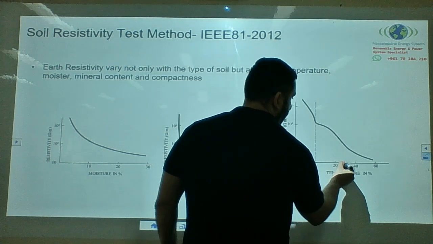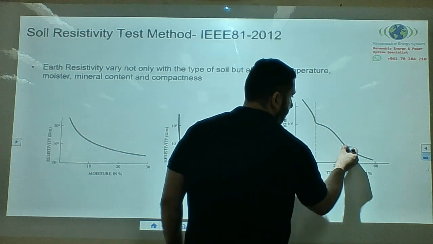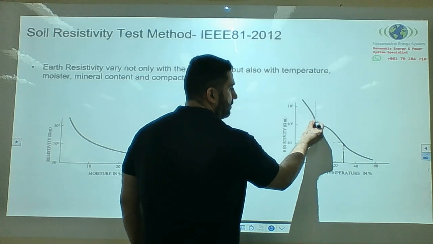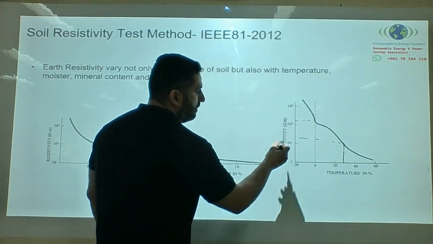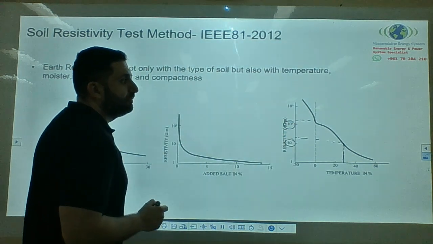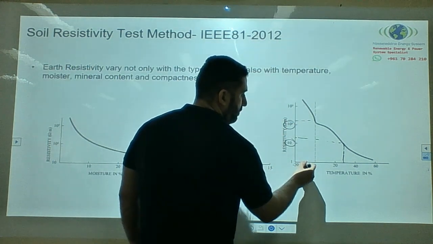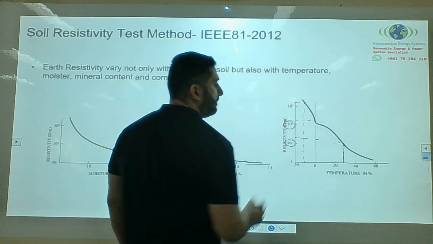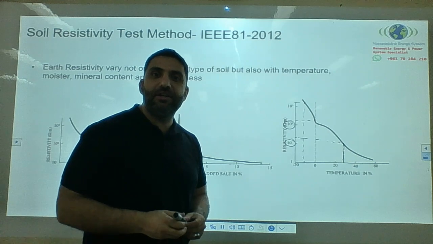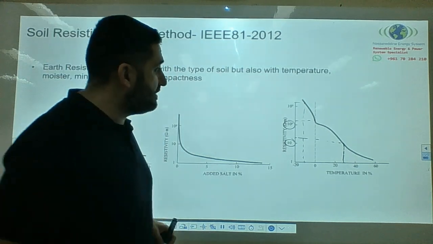I have tested it at 30 degrees, and then suddenly it goes down to 0. Look, 10, 100. If it goes down to minus 10, 1,000. So see, it's big changes in the same soil that I tested.